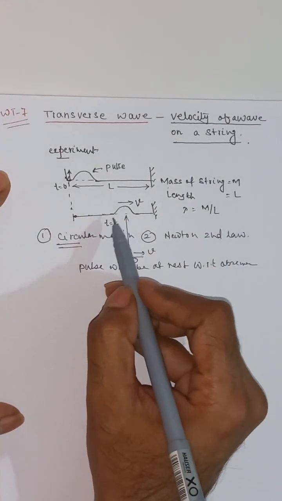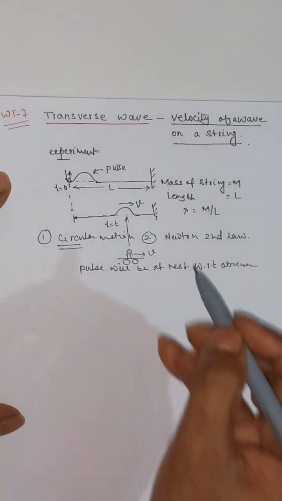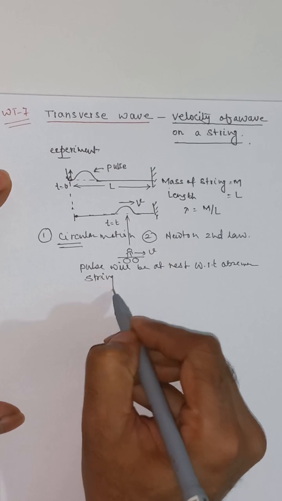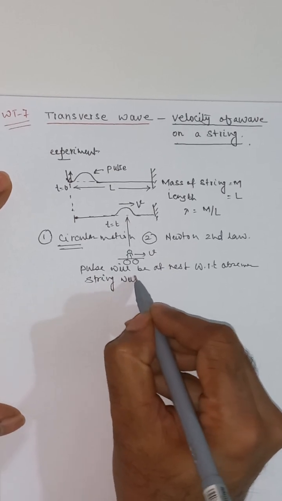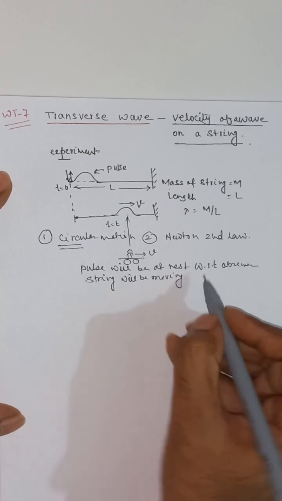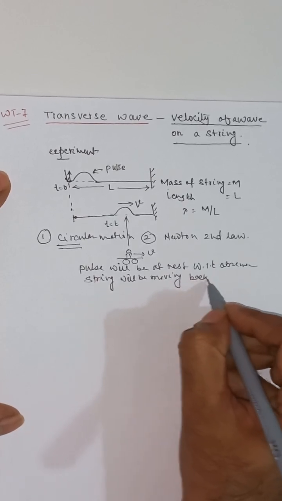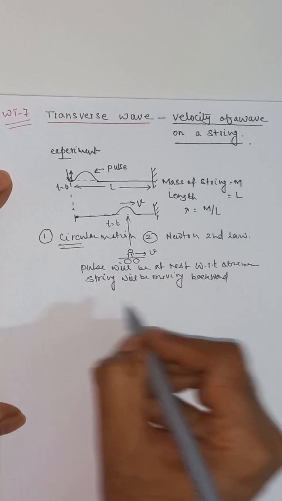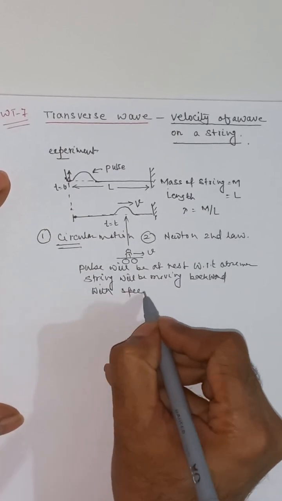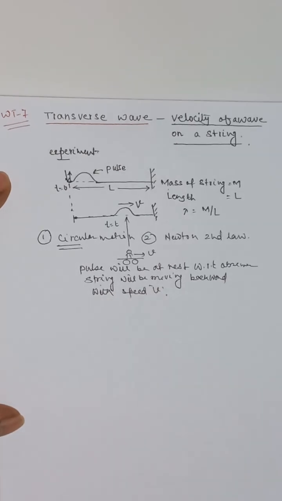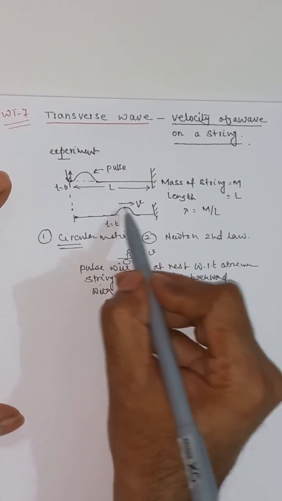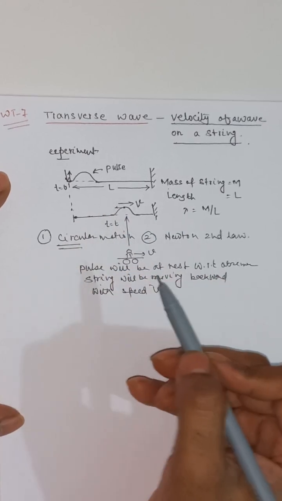And the whole string will be moving backward with speed v. Then a string element on this pulse will be moving backward with speed v.